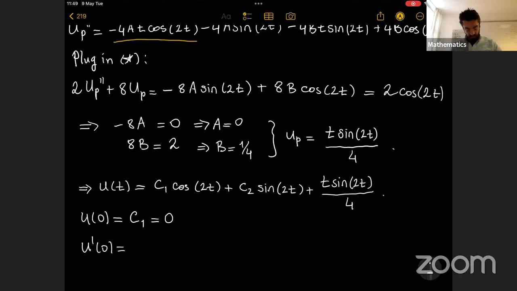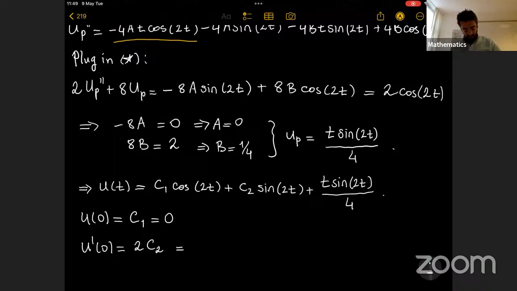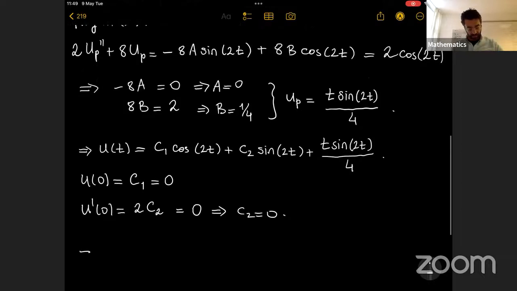There's going to be here 2 times c2 times cosine 0. Cosine 0 is 1. And the derivative of this will vanish at 0. You can check this easily. Okay. So we get that this is equal to 0, which implies c2 is also 0. Well, this tells you simply u(t) is t times sine 2t over 4.